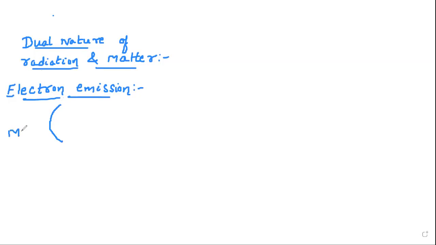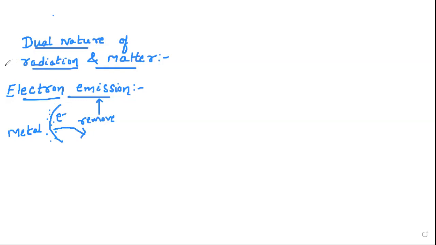You know that the metal consists of free electrons. These free electrons can be taken out from the metal. We can remove that electron from the metal. This phenomenon is what we call electron emission, isn't it? So electron emission means the removal of electrons from the metal surface.